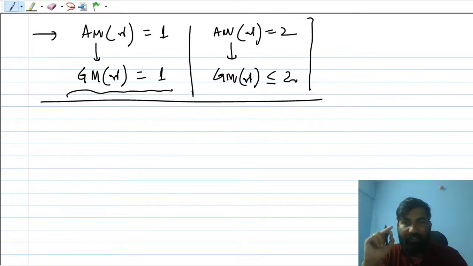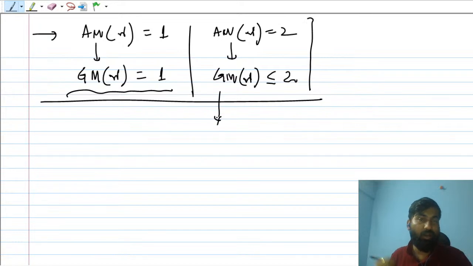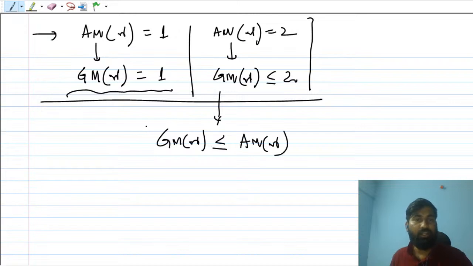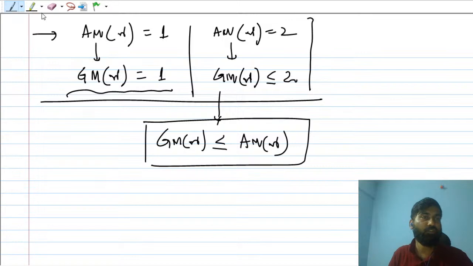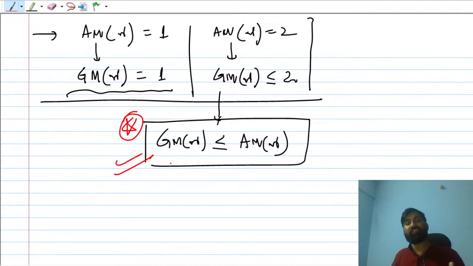So from this we can conclude that GM of lambda will always be less than or equal to AM of lambda. You have to keep this, very very important, because in the exam they might ask which one is greater. So AM is always greater than GM, or it can be equal also.